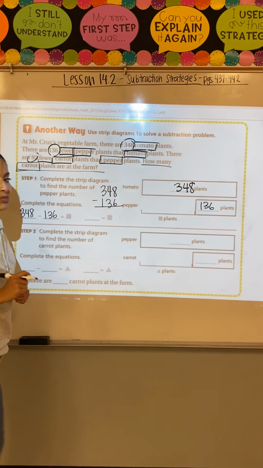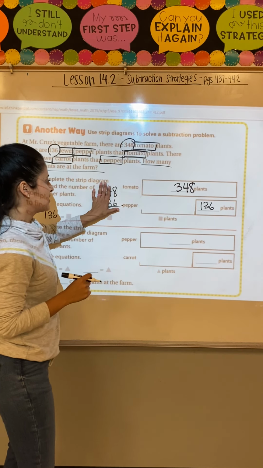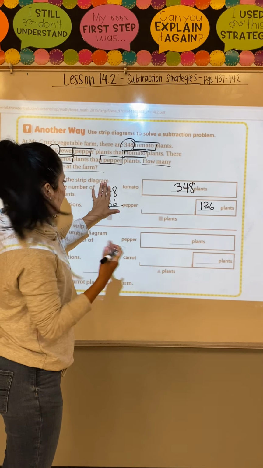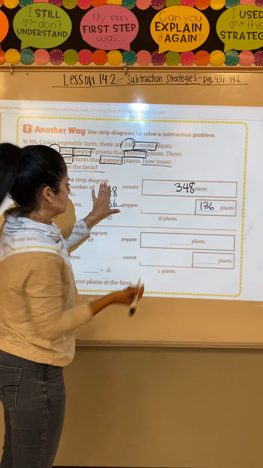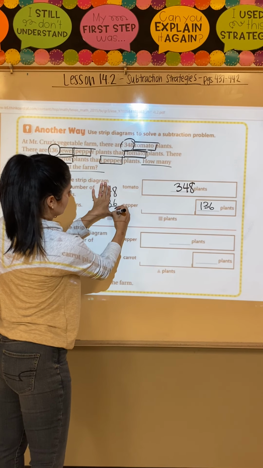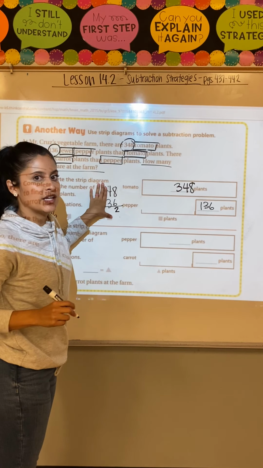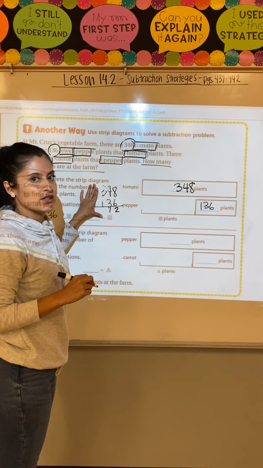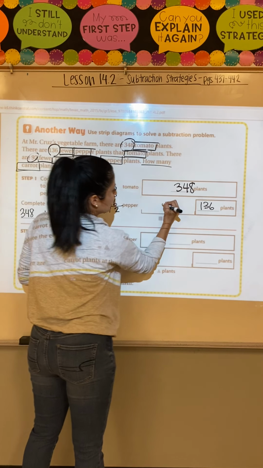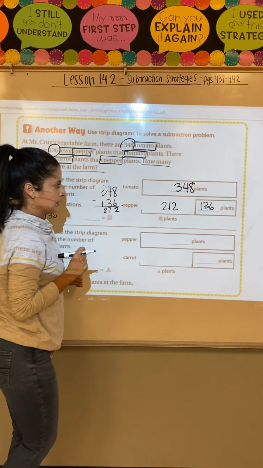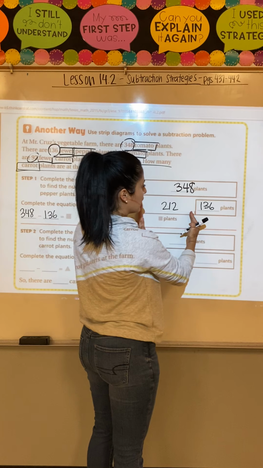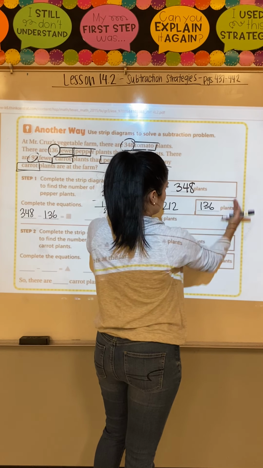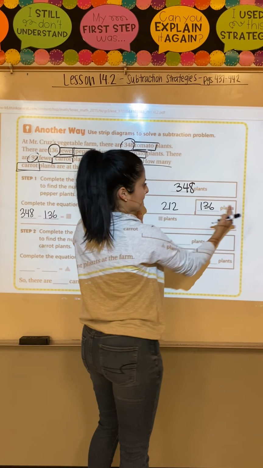Line it up according to place value. Start at my ones place to subtract. 8 minus 6 is 2. 4 minus 3 is 1. 3 minus 1 is 2. So 212. That means this part plus this part should be 348.